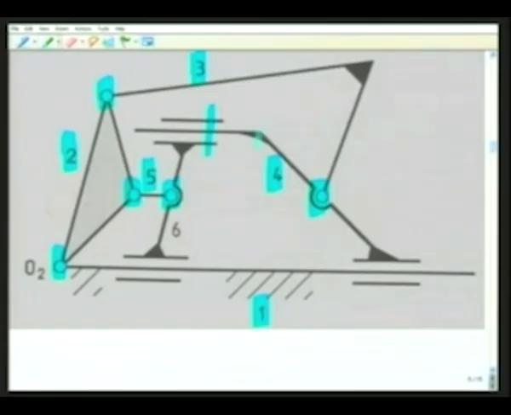And 6 is connected to 4 by this prismatic pair, and 6 is connected to 1 by this prismatic pair, and 4 is connected to 1 by these prismatic pairs.